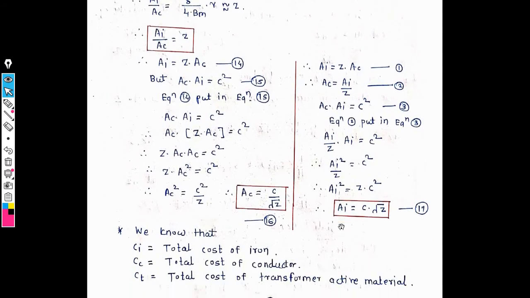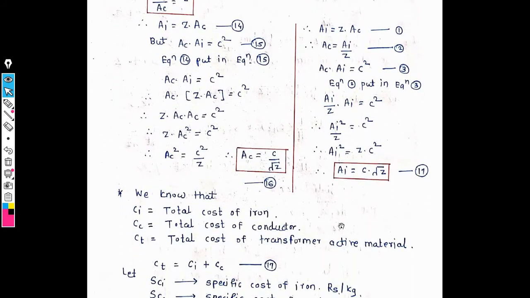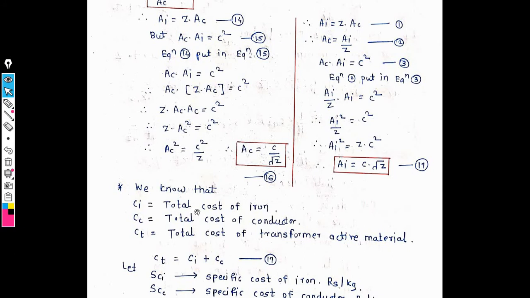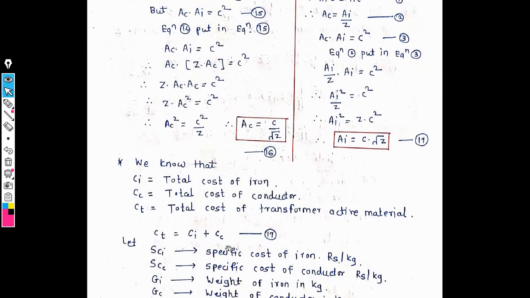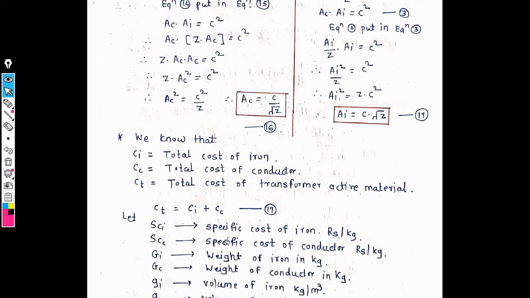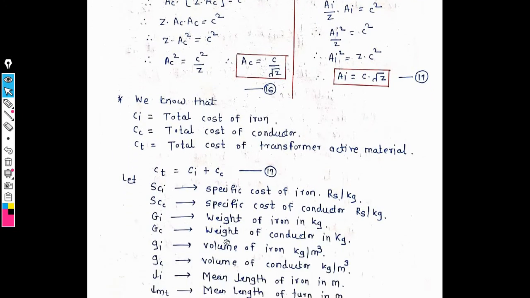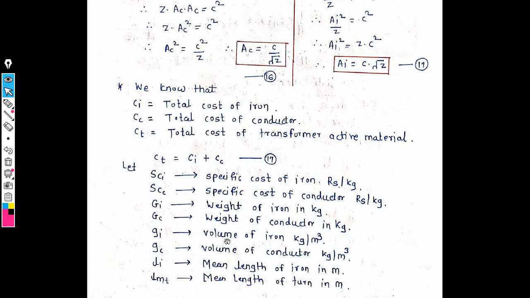Now these are the nomenclatures. CI means total cost of the iron, CC means total cost of the conductor, and CT means total cost of the transformer, that is the active material. CT is equal to CI plus CC. These are the important parameters to find the minimum cost.